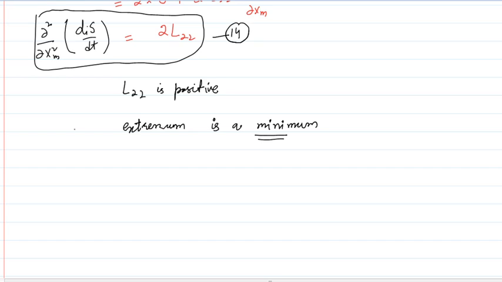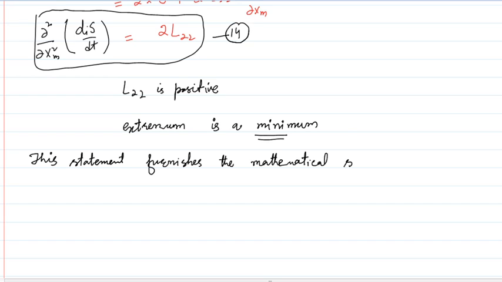Now what is the significance of this? Basically this statement furnishes the mathematical statement of Prigogine's principle of minimum entropy production.